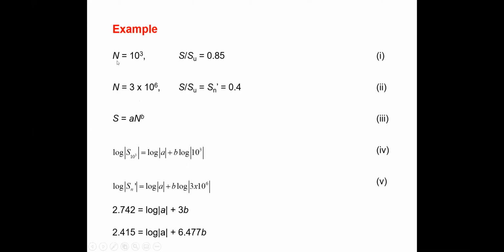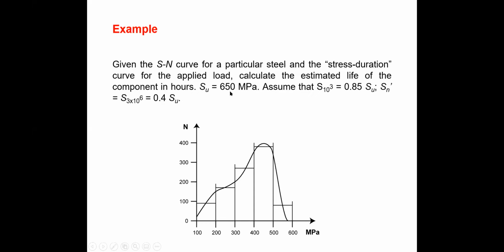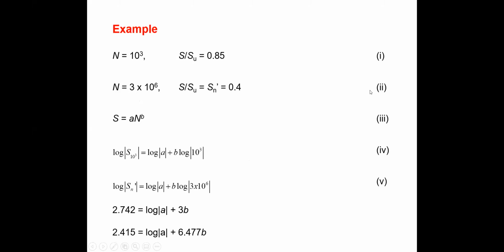So the 10 to the power 3 cycle value is given. Okay. This ratio is given, the 10 to the power 3 cycle strength to the ultimate tensile stress ratio. So if you know the ultimate tensile stress, you can find out the 10 to the power 3 cycle strength.